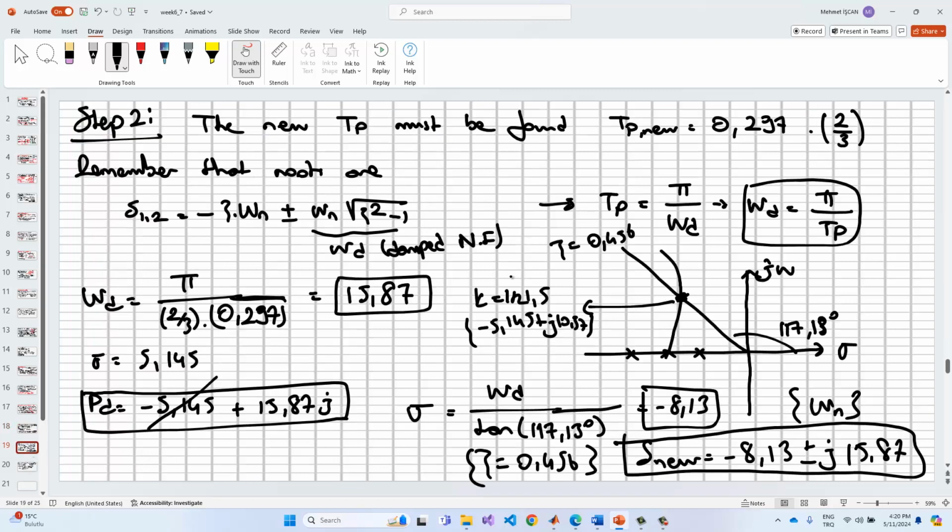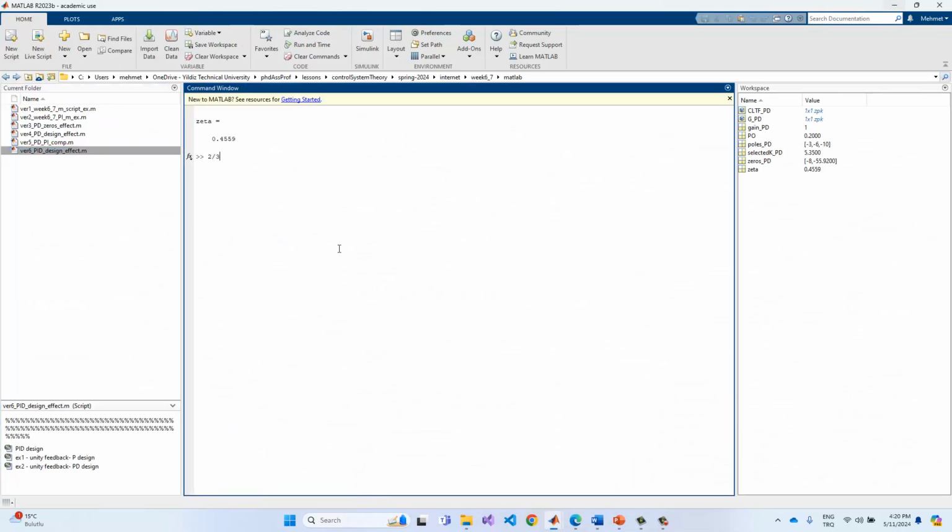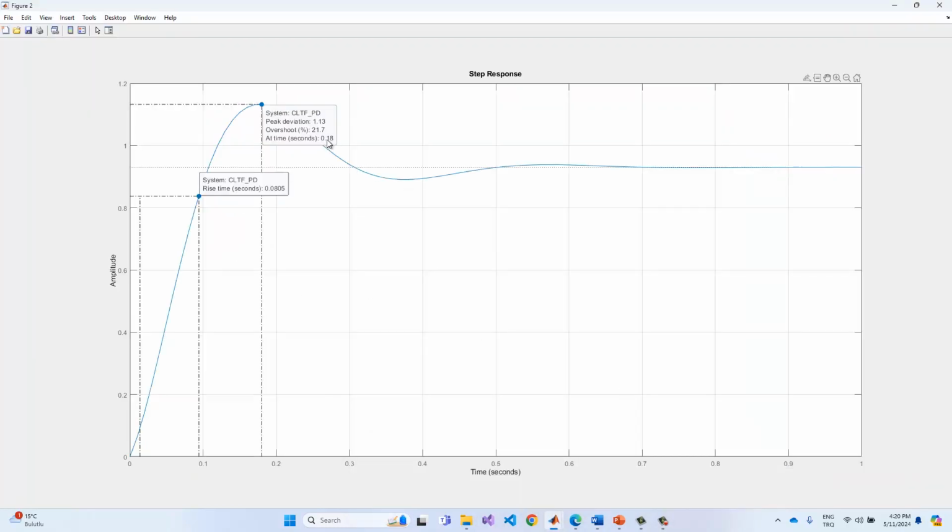And 2/3 of this time is equal to what? 2 divided by 3 times 0.3, and so 0.198. In the MATLAB graph, 0.18. It's close to each other. It's admissible for this condition. It satisfies the condition, and so we are correct up to now.